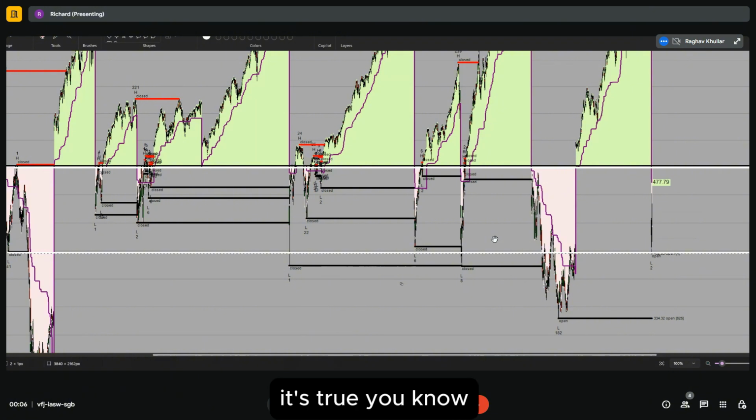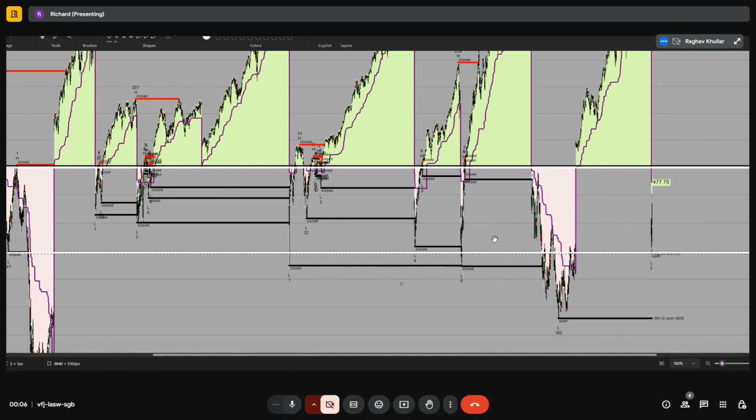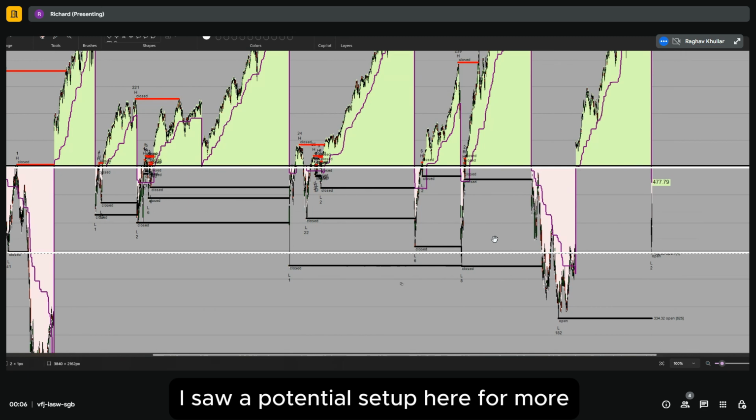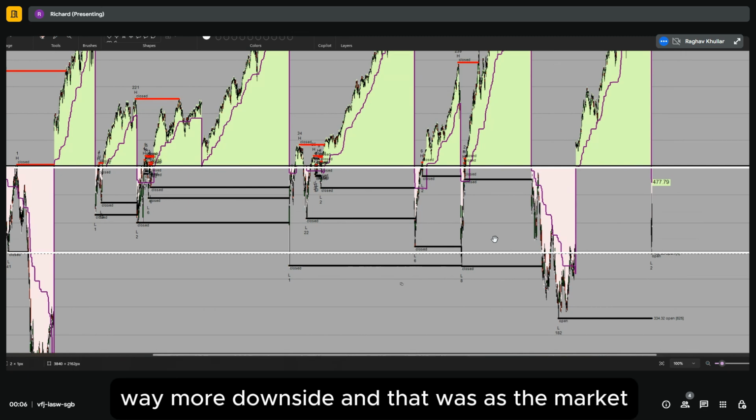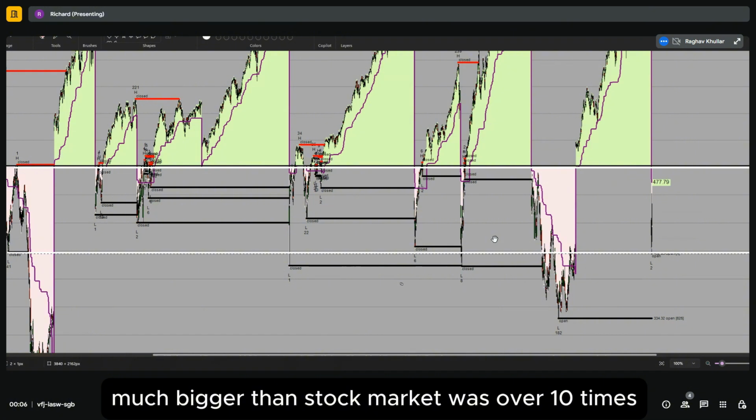Yeah, it's true. One point you mentioned with the earnings, I saw a potential setup here for way more downside. The bond market is huge, much bigger than the stock market, over 10 times.